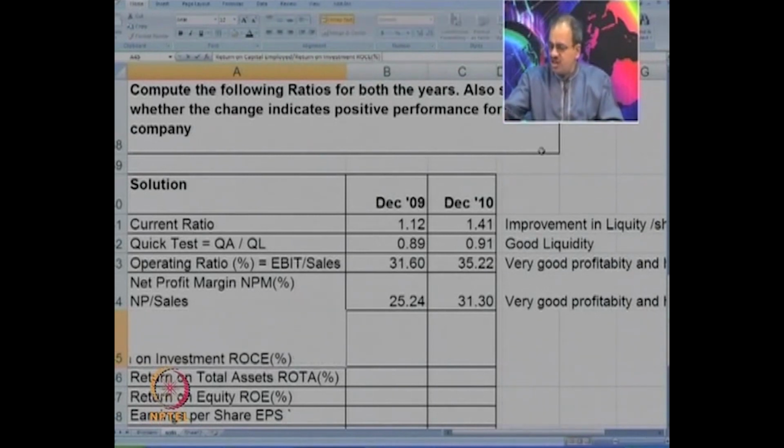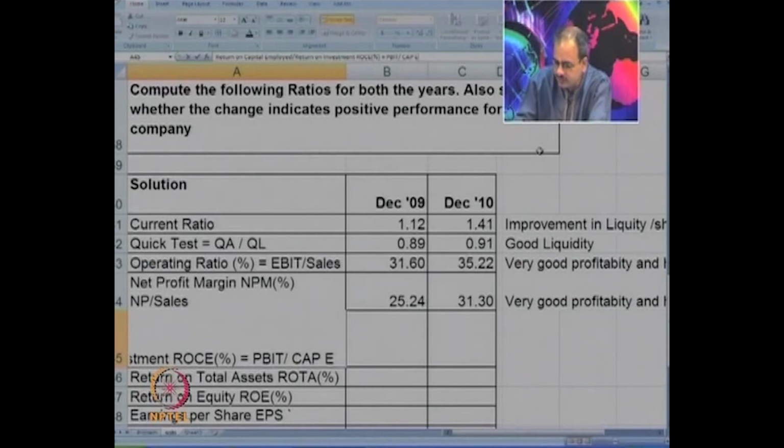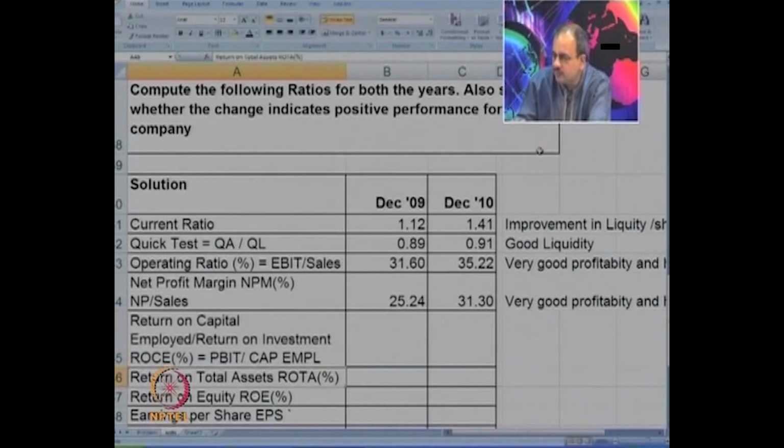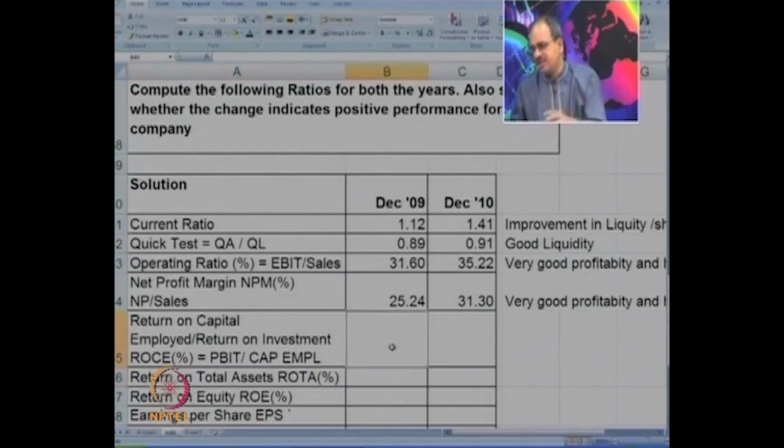We are essentially trying to link the PBIT, which is profit before interest and taxes, to capital employed. What is capital employed? It is the total of debt funds plus owner's funds, times 100 because we want it in percentage.